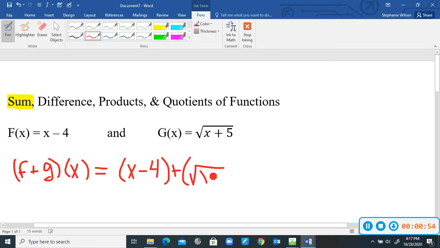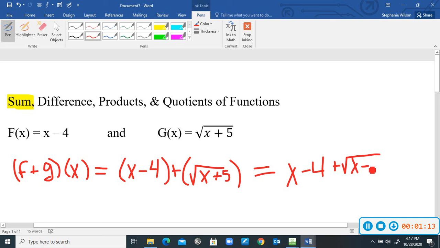And what I notice is that whenever I'm adding these two together, they don't have any like terms. So my answer is literally going to be X minus 4 plus the square root of X plus 5. And that would be my answer.